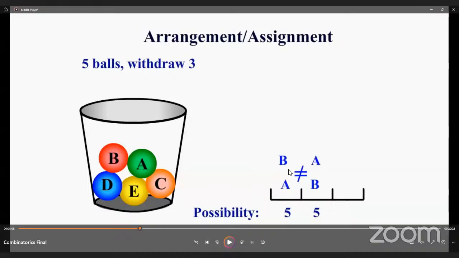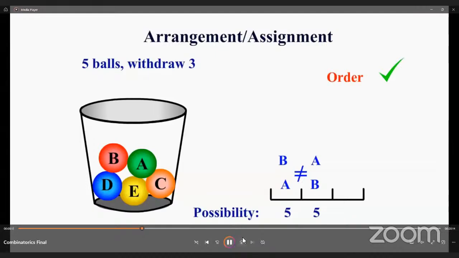It means that the order, the order of withdrawal, is important.